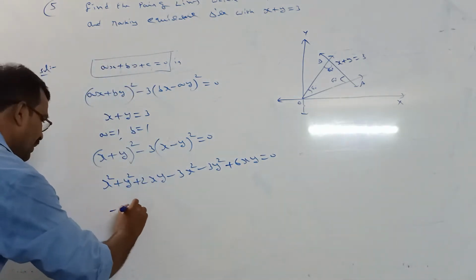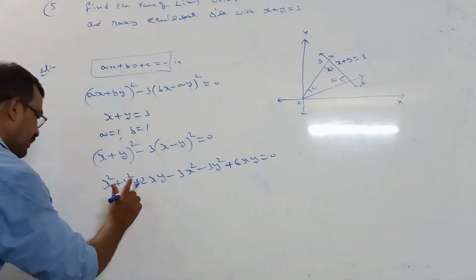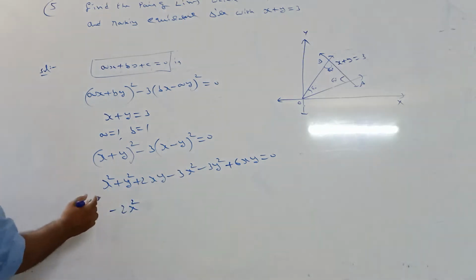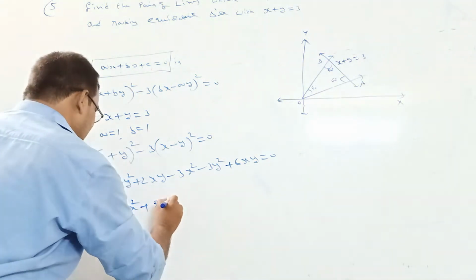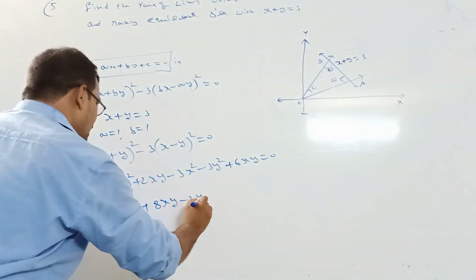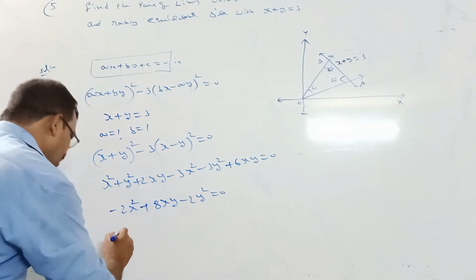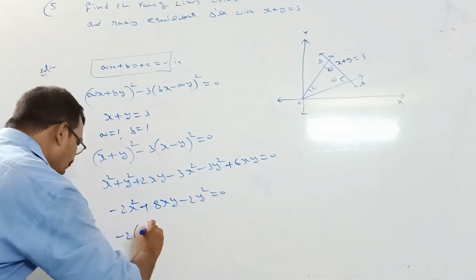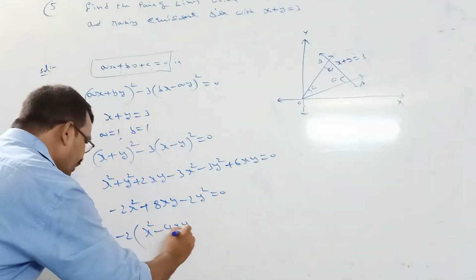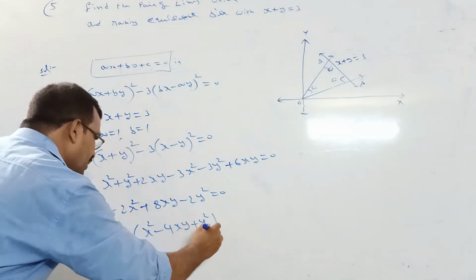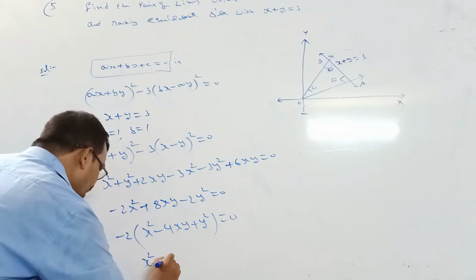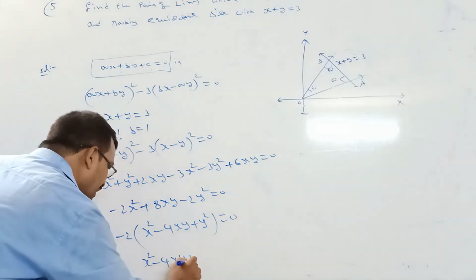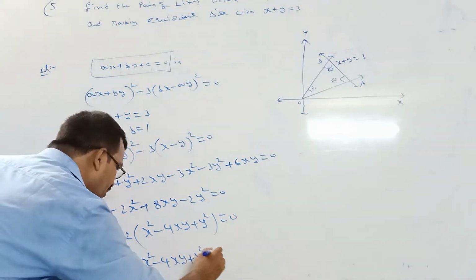Add both: minus 2x square plus 8xy minus 2y square equals 0. Taking minus 2 common, x square minus 4xy plus y square equals 0.